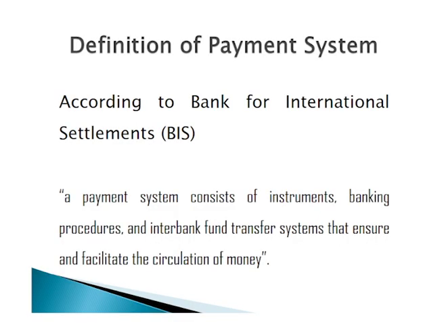That means both parties have some kind of mutual agreement in sharing the service or the product. Coming to another formal definition, the Bank for International Settlements (BIS) has defined a payment system as consisting of the instruments, bank procedures and interbank fund transfer systems that ensure and facilitate the circulation of money.